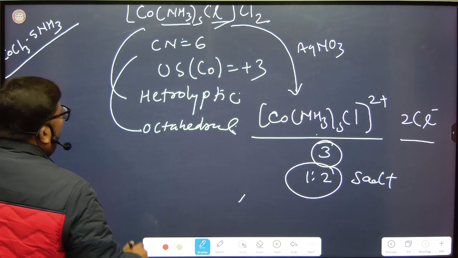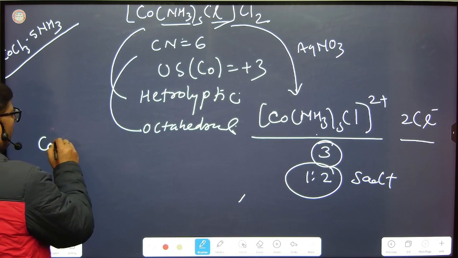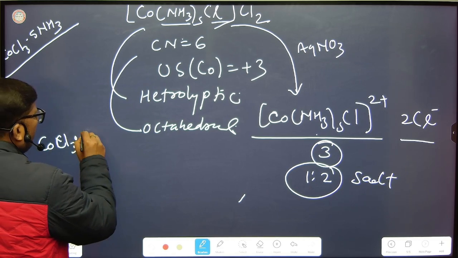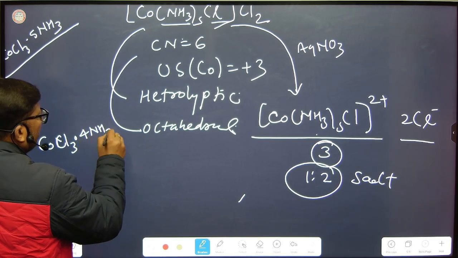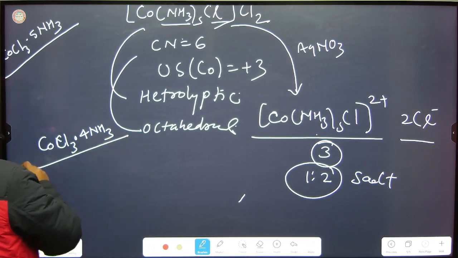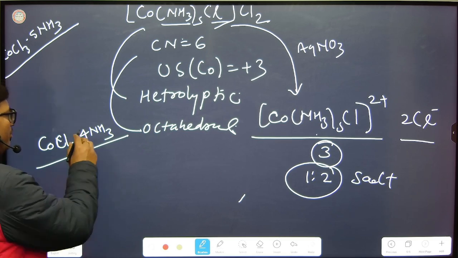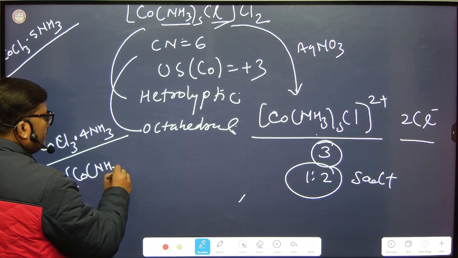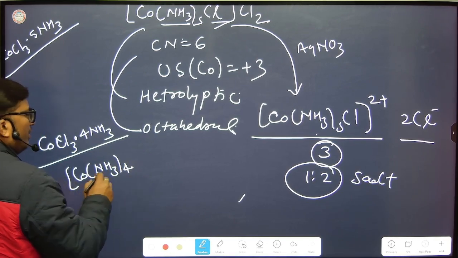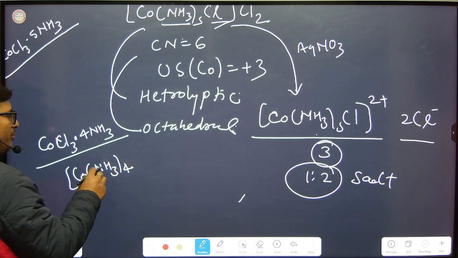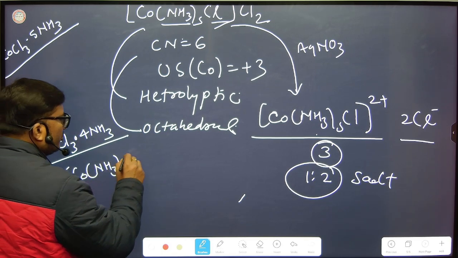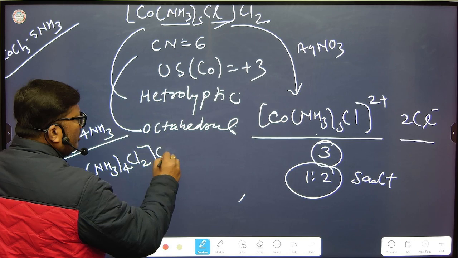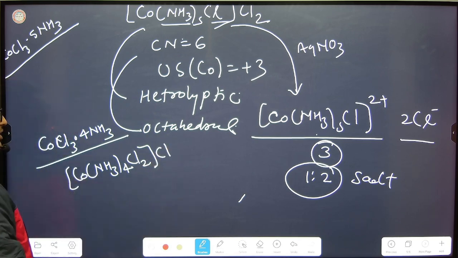So in the another adduct, that is CoCl3 into 4NH3. So in this chemical adduct, 4 ammonia molecules are present, and since we have to maintain the coordination number 6, 2 chloride ions are inside the coordination sphere and 1 chloride ion is outside the sphere.